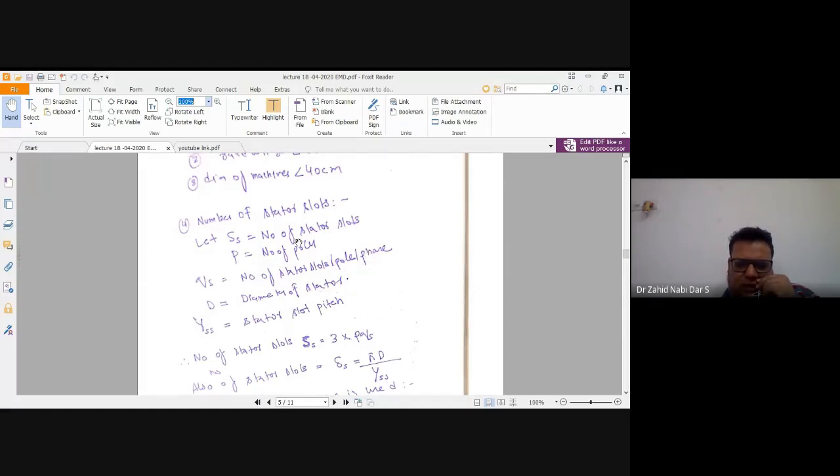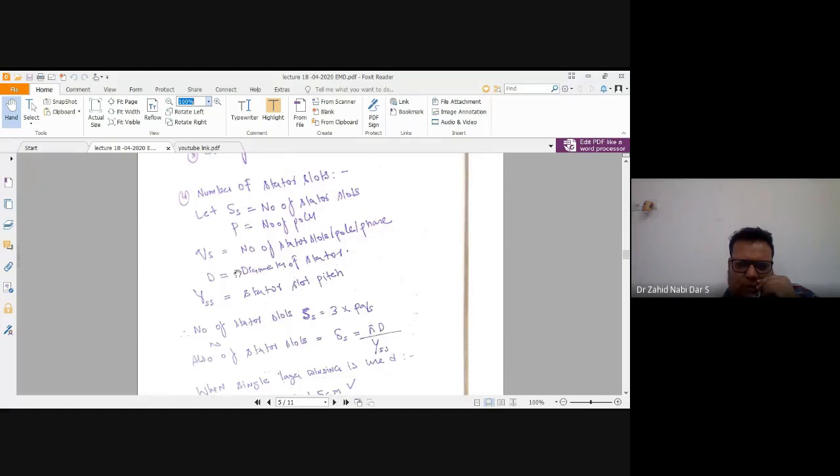So we are interested in the number of stator slots. D is equal to the diameter of the stator. Now to understand how we calculate the number of stator slots, this is 3 because of the 3-phase machine. The number of stator slots would be equal to 3 times P, that is the number of poles, into QS, that is the number of stator slots per pole per phase.